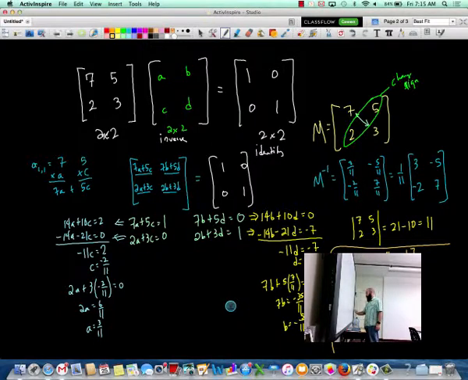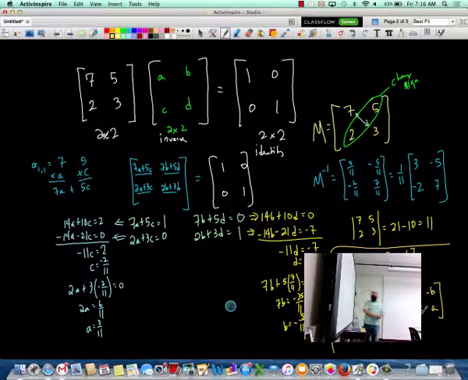So 1 over the determinant of A. That was that number that ended up being a common factor in everything, right? Times the matrix that you get when you switch the top left and bottom right and change the signs on top right and bottom left. And this is a formula for the inverse of a 2 by 2.